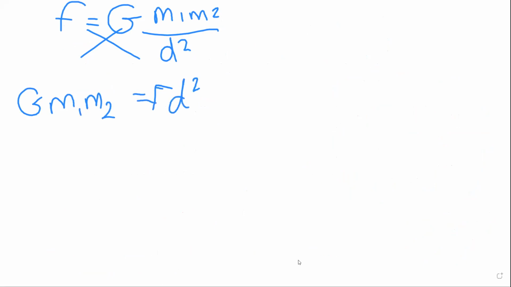And how do they find all the constants? They say that if we have two masses with a specific distance between them, and we know the force between them, they can find G. They do many experiments in order to find G.